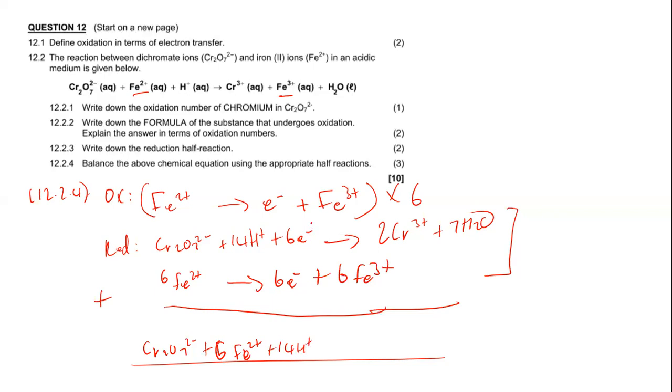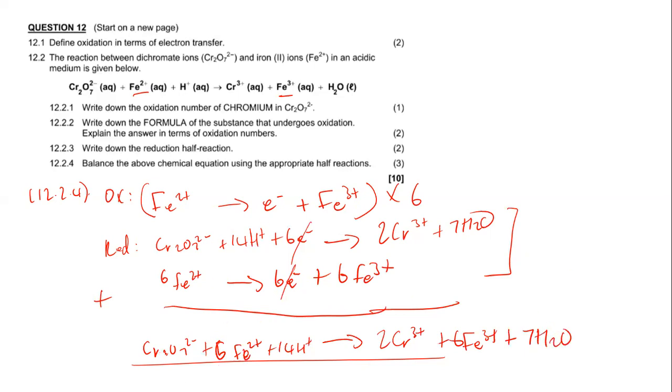It's like this minus that, it falls off, and therefore on this side we have the products now: 2Cr3+ plus 6Fe3+ plus 7 molecules of water, and then the equation is balanced.